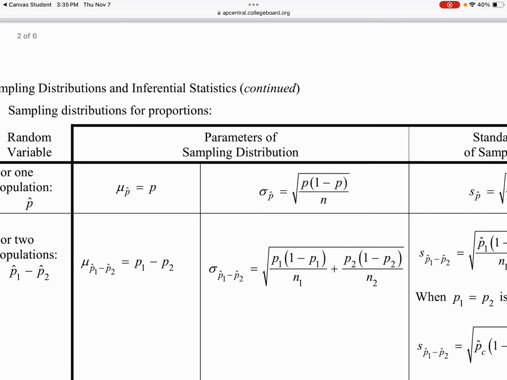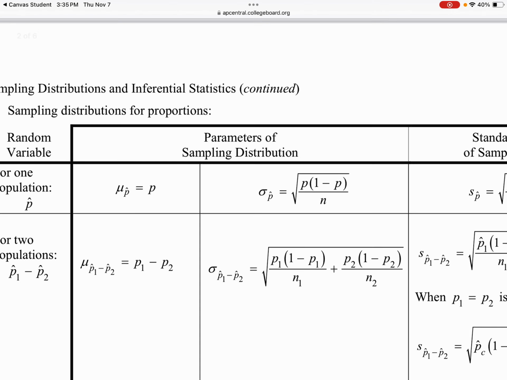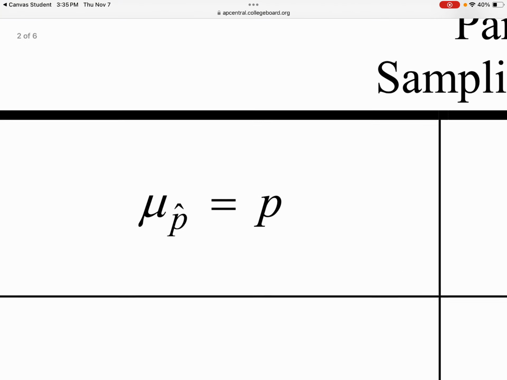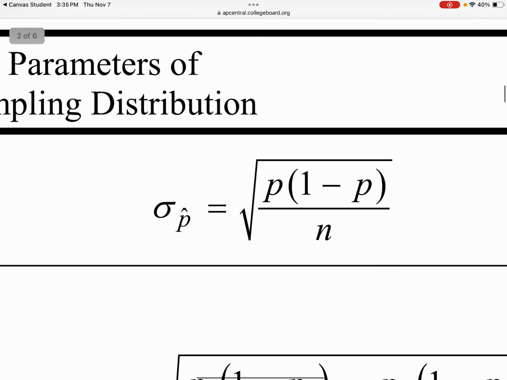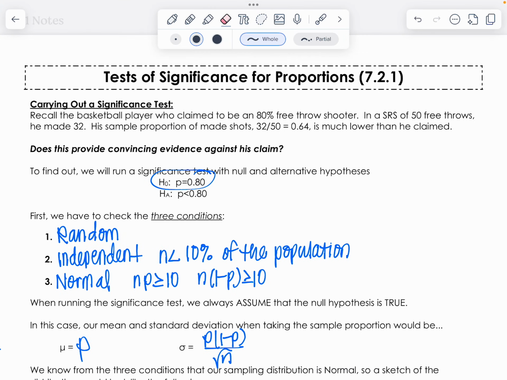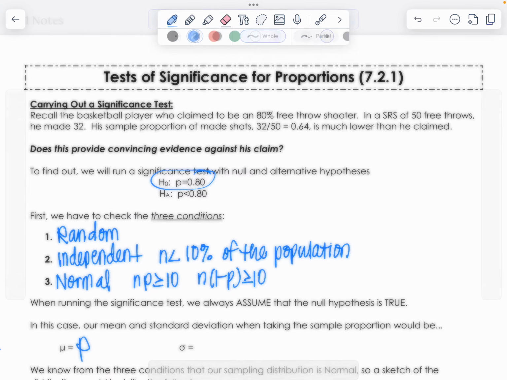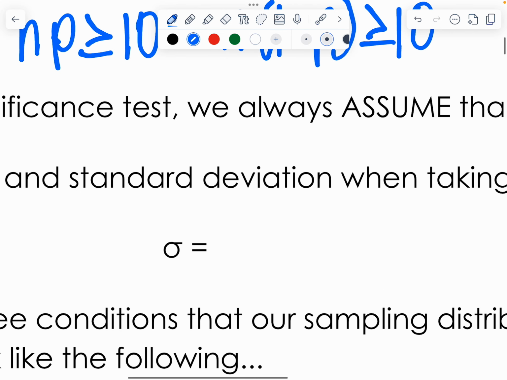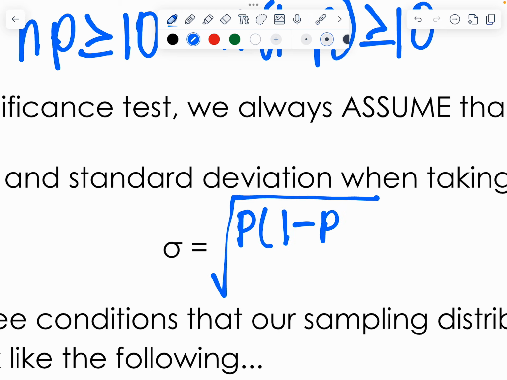So while we're assuming p, we would use this for our mean, the claimed p value, and this for our standard deviation. Okay, so I'm going to jump back to our notes and edit this formula because I did it wrong. What I get for filming videos months in advance. So square root of p times 1 minus p over n.